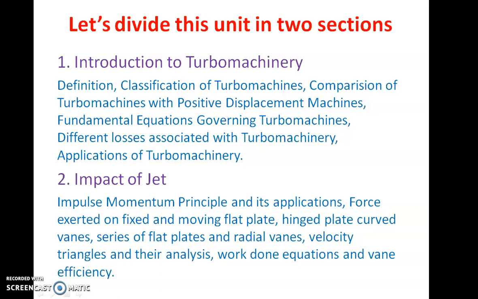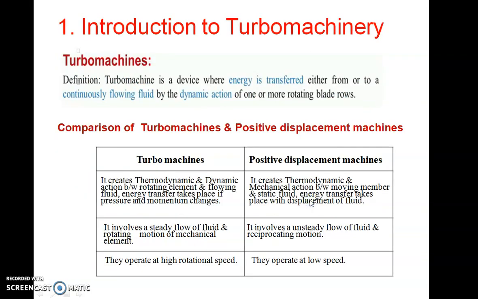So how this theory is evolved from the basic, that will be starting from the unit number 1, and then the unit number 2, 3 will be based on this unit number 1 only. So basically let us start with the unit number 1, part 1, that is introduction to turbo machine.